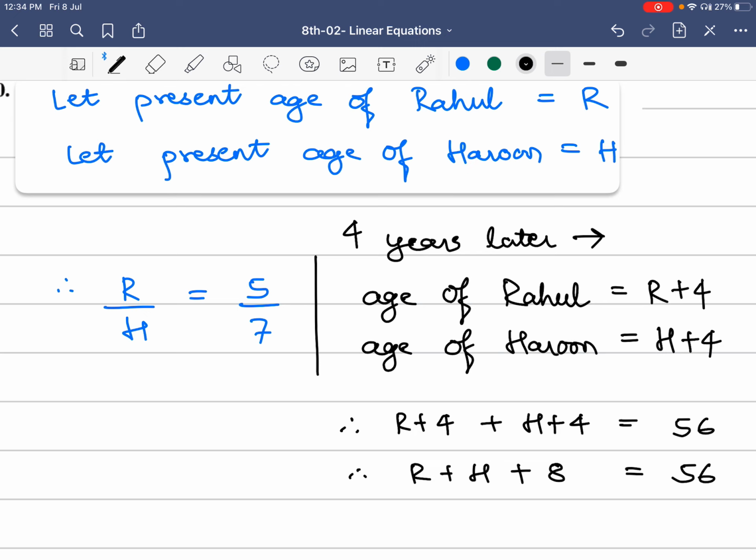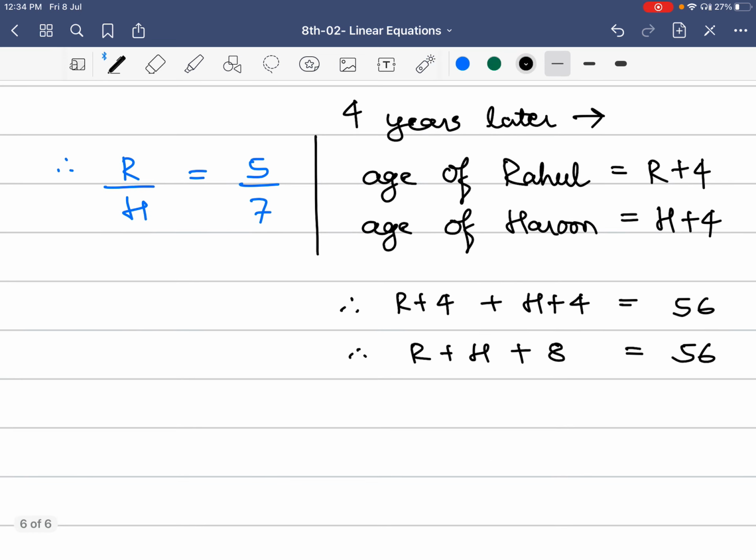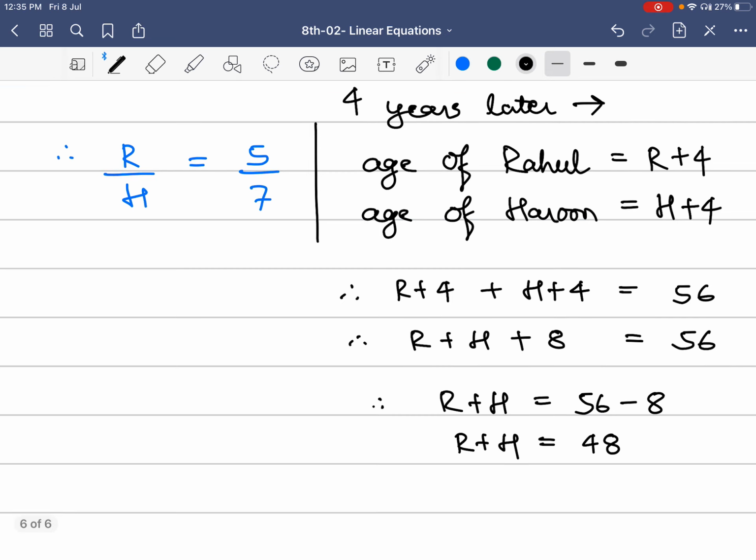I've just rearranged these terms. R and H are the two unknown variables, and 4 plus 4 is 8. Let's go further to simplify this. So R plus H is going to be equal to 56 minus 8. I'm subtracting 8 from both the sides of the equation, and that is equal to 48. Therefore we get R plus H as equal to 48.